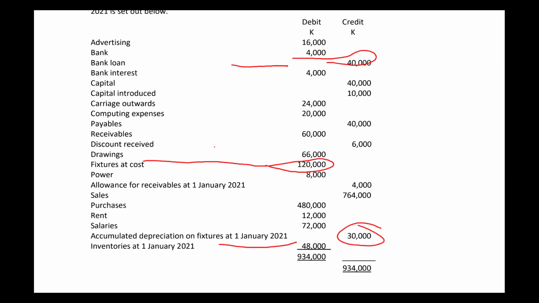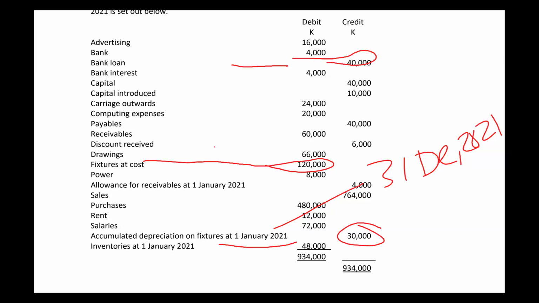Now, from 1 January up to 31st December 2021, they also lost some other value. There is some other depreciation, which is the depreciation in the year of concern, the year that we are talking about, 2021, from January up to December.